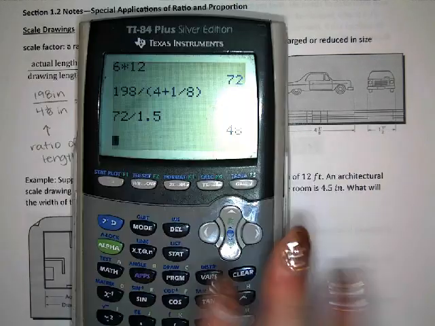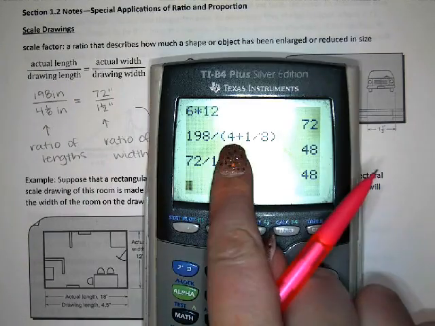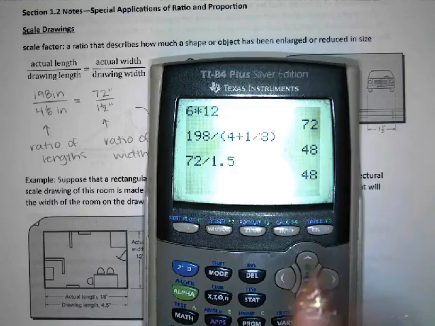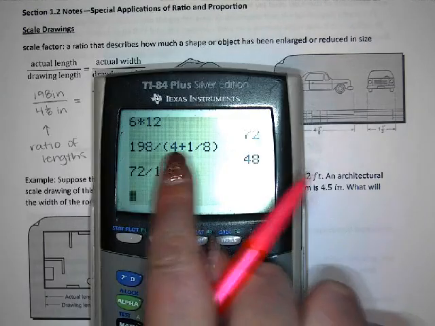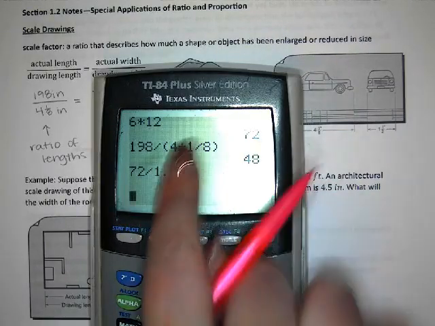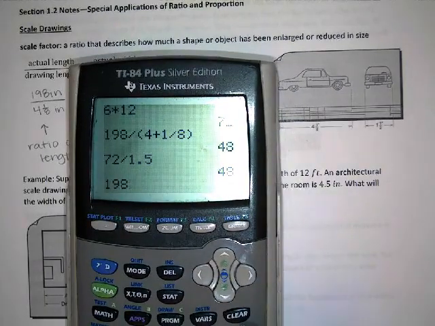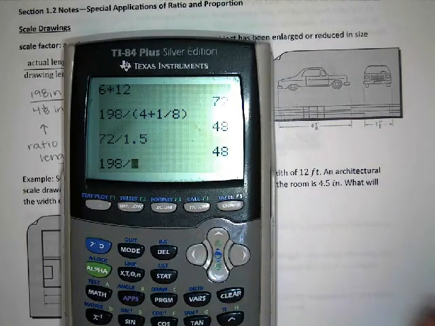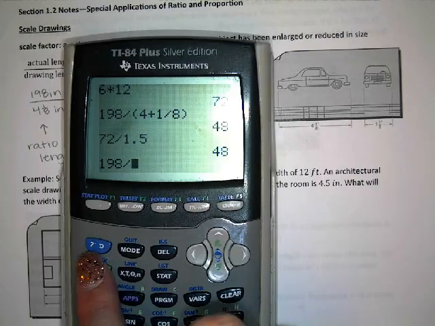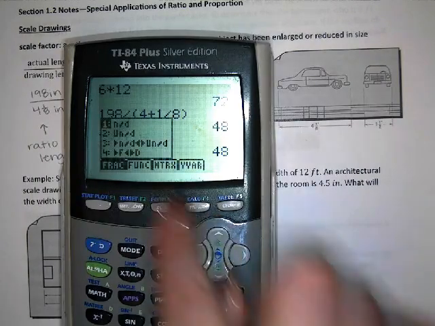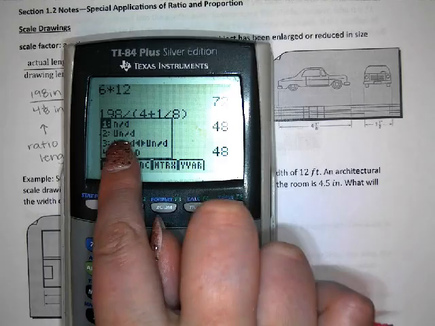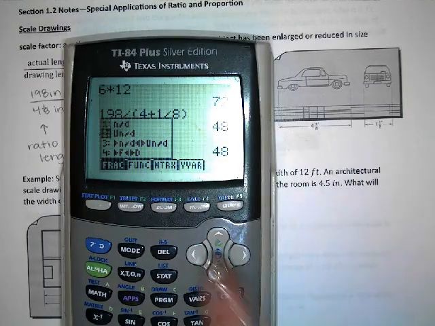So if you have those kind of mixed numbers where you have a whole number and a fraction, you can always type it in like that, 4 plus 1/8, and just make sure you put it in parentheses. Another way to type it is 198 divided by, and then these calculators have a way to type in different types of fractions. You can hit the green button, alpha, and then y equals, and to type in 4 1/8, you would use the second option.